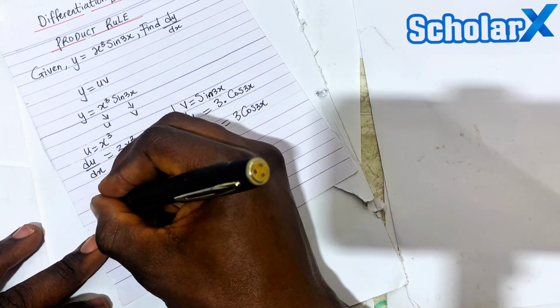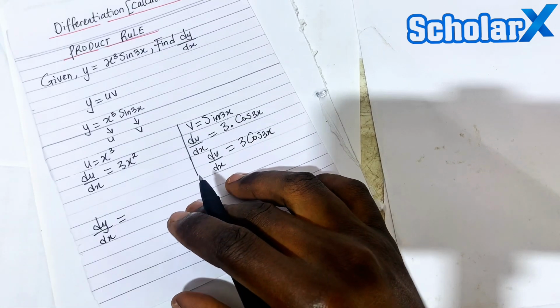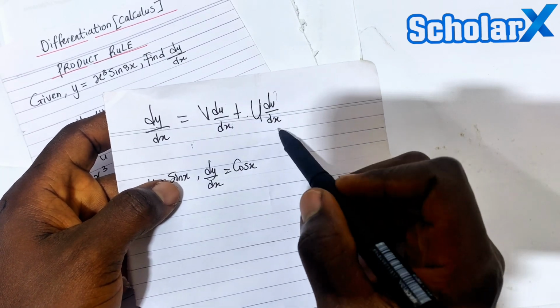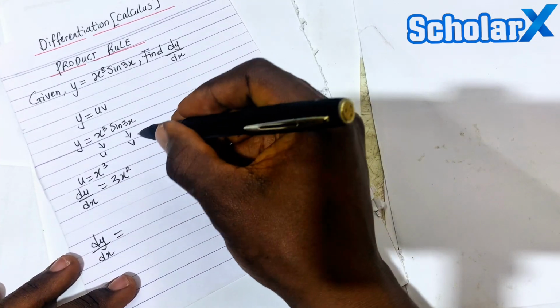So finally, our dy/dx is going to be equal to, following the formula, v du/dx plus u dv/dx.